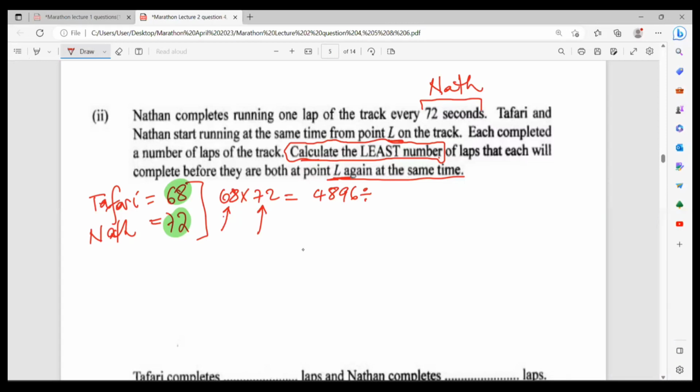To find the LCM, find the biggest number that can go into 68 and 72, and I think that number is 4. 4 can go into 68 and 72. There's no other number bigger than that that will work. So if you divide this by 4, I think you're going to get the answer. And that's one way to get it.